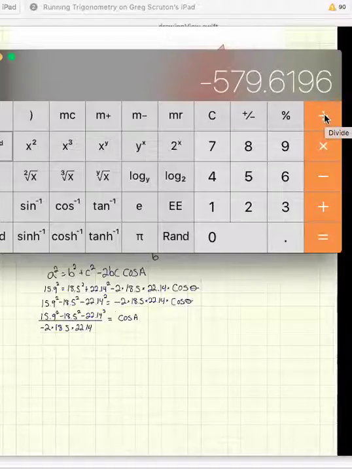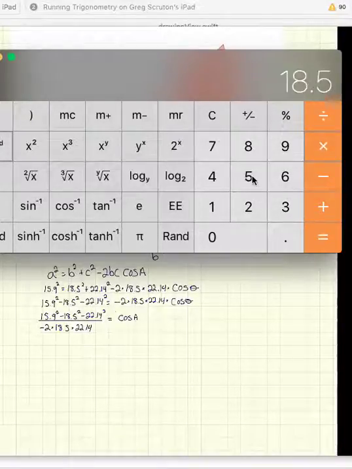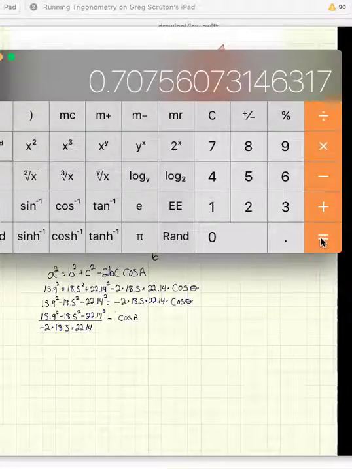So we're going to divide that whole thing by, and I'm going to put this in brackets. So open bracket, 2, negative 2, so 2 and then the negative, times 18.5 times the 22.14, close the bracket, equals. So that gives me, I'm just going to keep this number in my calculator, 0.7076, rounding to 4 decimal places, is equal to the cosine of A.